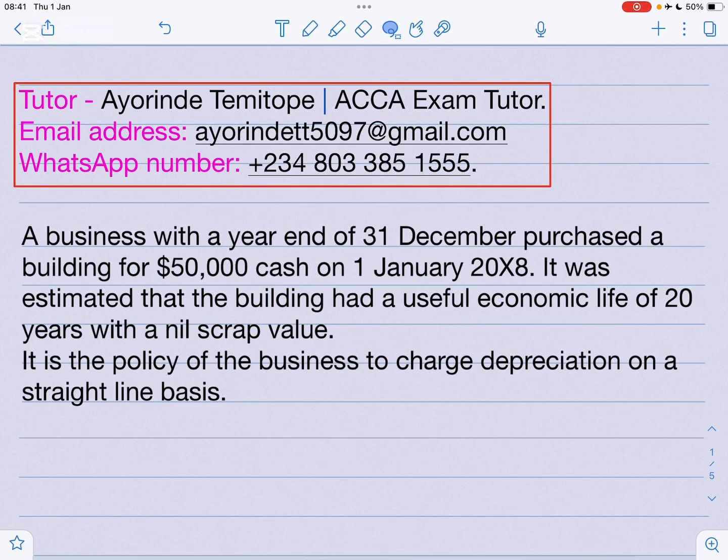With this, we'll learn how to go about depreciation, how to get the relevant figures at the year end, and then the final destinations regarding those relevant figures. The one that will go to the statement of profit or loss, statement of financial position, and all of that. And then the terminologies, we are going to be explaining all of these bits and pieces.